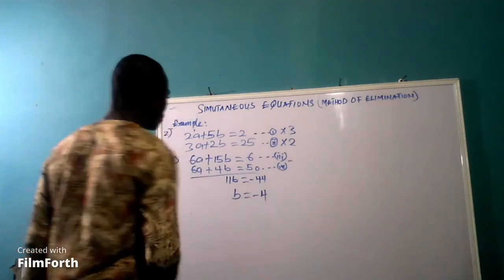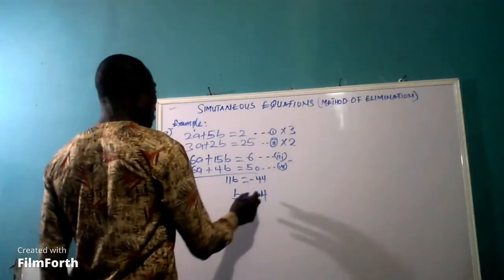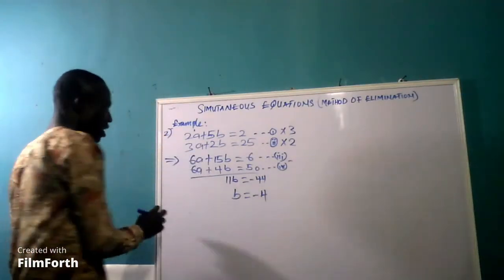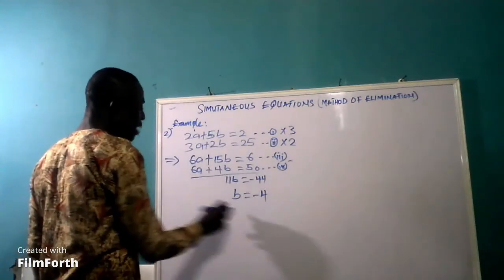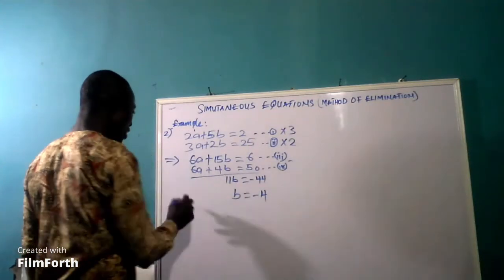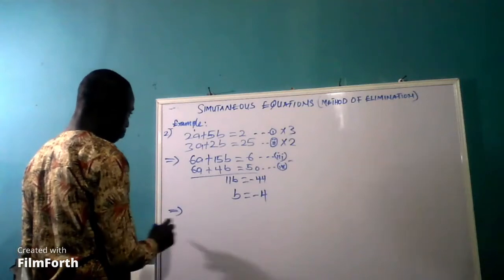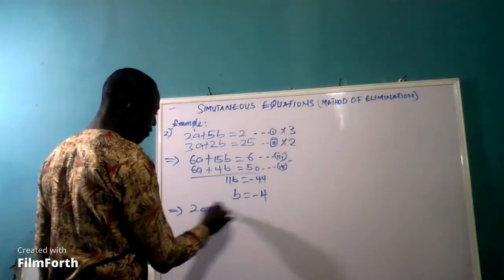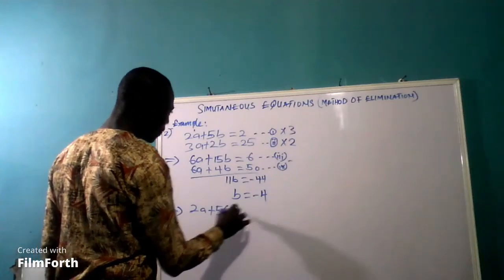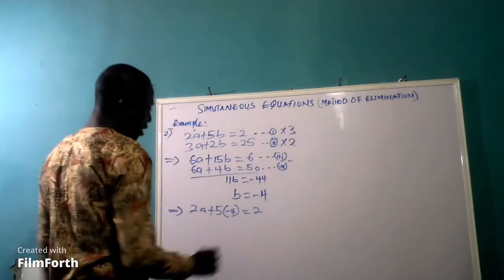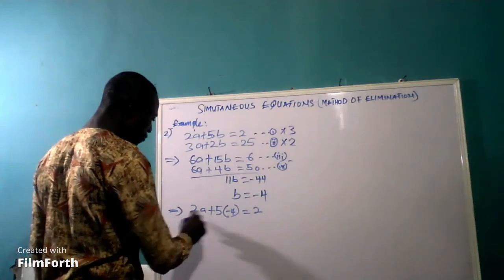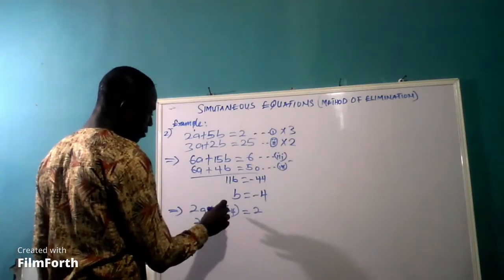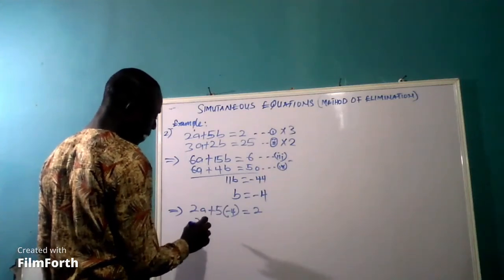So, substituting back this value of b into any of the original equations, I choose equation 1. If I substitute back this value of b into equation 1, that will be giving me 2a plus 5 into bracket minus 4 equal to 2. And from here, we have 2a plus 5 times minus 4, that will give you minus 20.